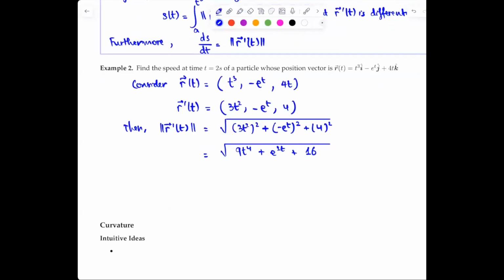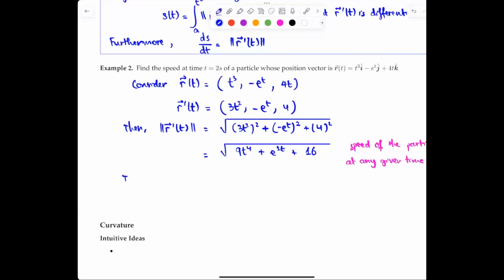Okay, so that's the speed at any given time t. Let me take a note on that. The speed of the particle at any given time t. But more specifically in this example, we want to know the speed at t equal to 2.